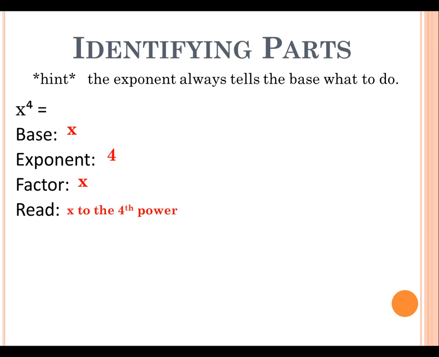X to the 4th power. Then our value is what? What? 0? Nope. Well, not necessarily. It could be 0. Andrew? A question mark. Yeah, we don't know what it's going to be. It could be anything. We don't know what that variable is. So that's it. And it's written out like this.